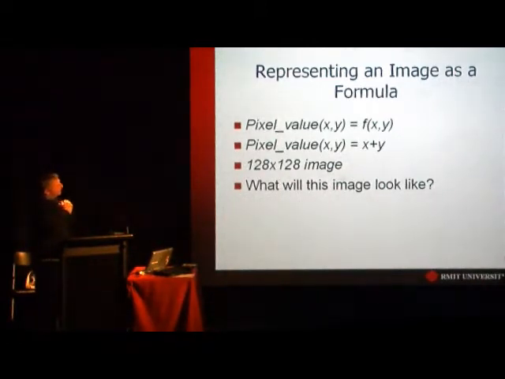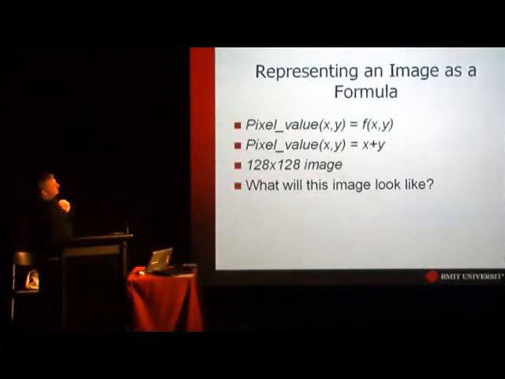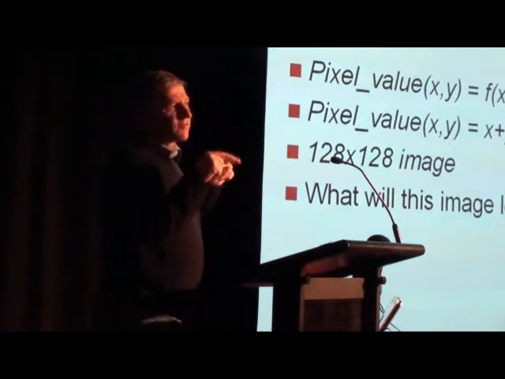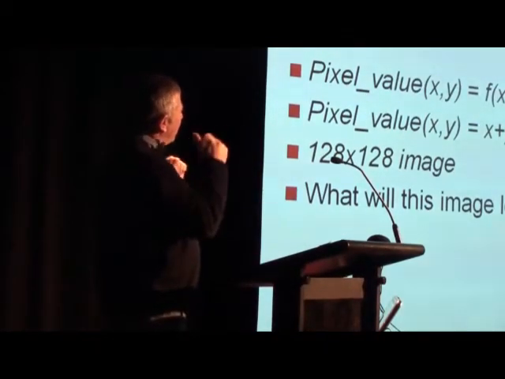But if we suppose we say an image is a two-dimensional array, so if we go to mathematics a little bit, we could say an image in fact is some function of x and y. So if we could come up with a function and evaluate it in some range, and each of those evaluations is a pixel value, then we're going to have an image.